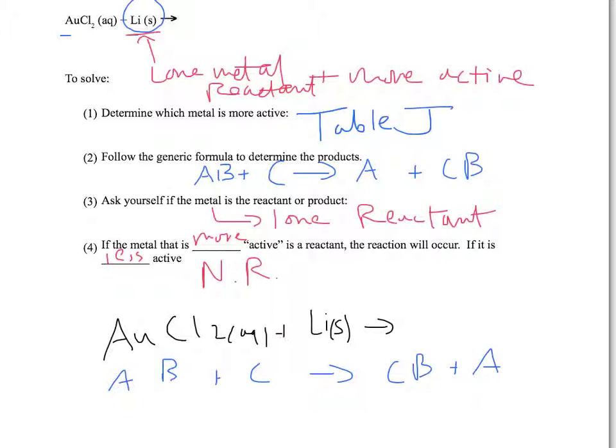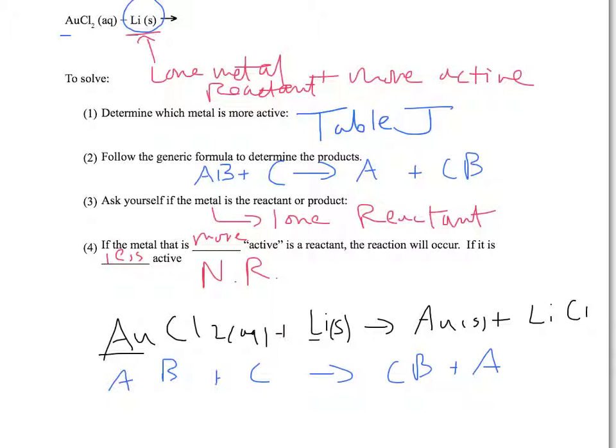So our final answer then is just going to be switching the places of gold and lithium. Okay? So it'll be Au all by itself as a solid plus lithium chloride.